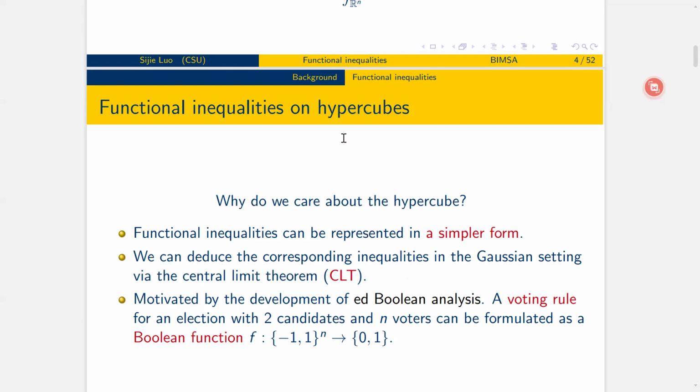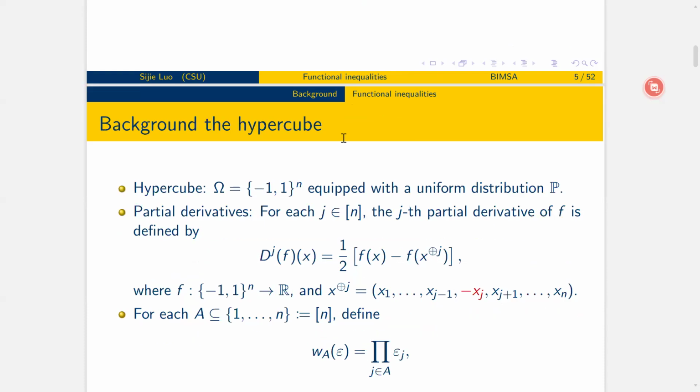And lastly, the study of functional inequalities on the hypercube is motivated by Boolean analysis, which is an important topic in computer science, such as the study of social voting rules through Boolean functions. So there are 3 motivations for focusing on the hypercube. Then what is the hypercube? It is so simple.